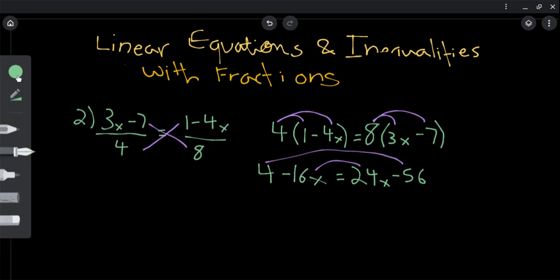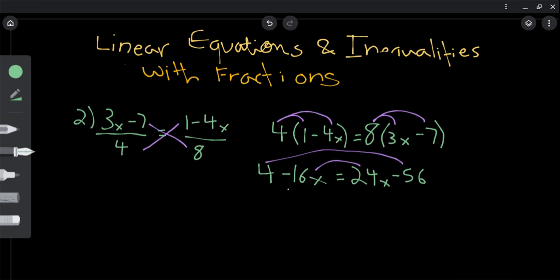Make sure all the x's are on one side and all the whole numbers on the other side. First of all, just so you know, usually the x value is on the left hand side, but I'm just going to move it to this side, so bear that in mind.